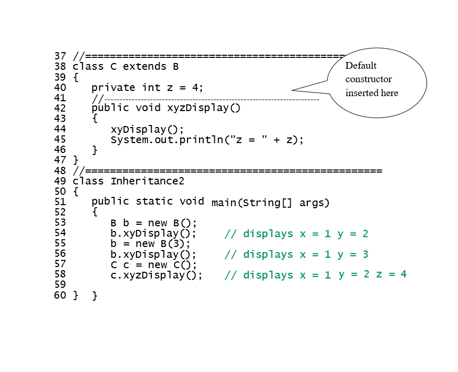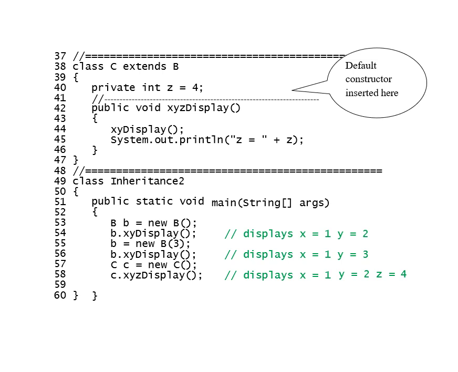So if you look at the main method, you'll see that if we have a B object and we call XY display, you get out X equals 1, Y equals 2. If we then on line 55 create a B object but pass it 3, there's a constructor that will receive that argument and use that value to initialize Y. The constructor on line 53 always initializes Y to 2.